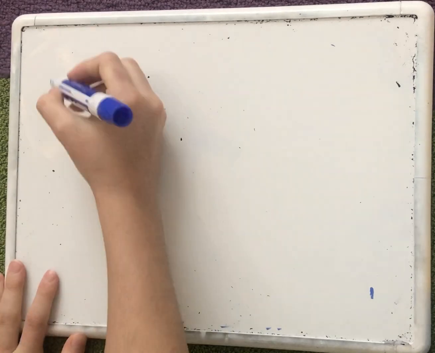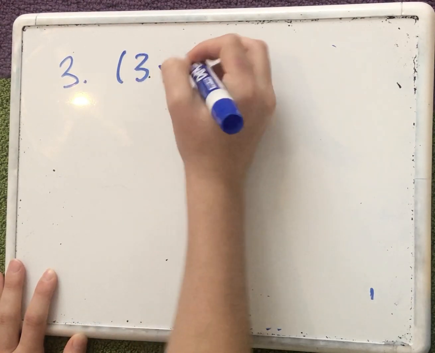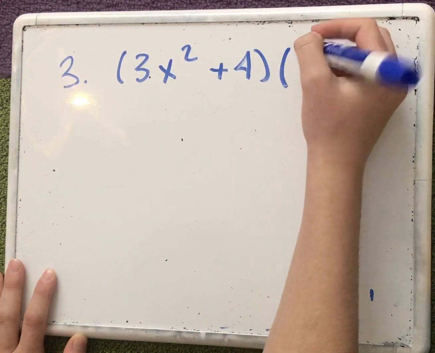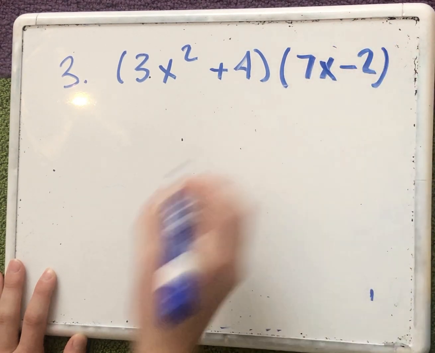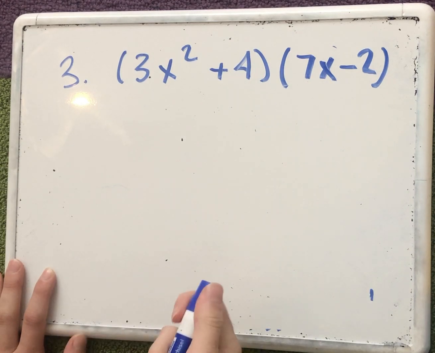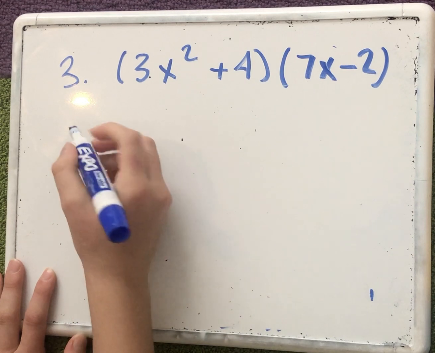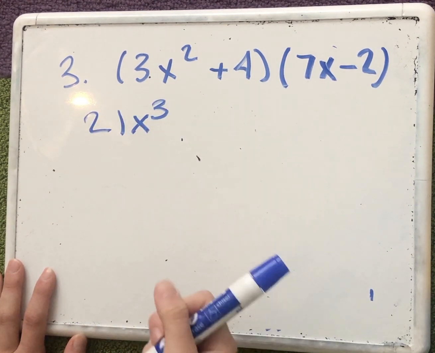So the last problem, number 3, is (3x squared + 4) times (7x - 2). Again, the first numbers are 3x squared and 7x. You multiply those and you get 21x to the third power.